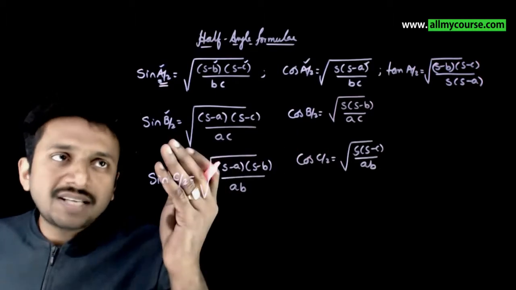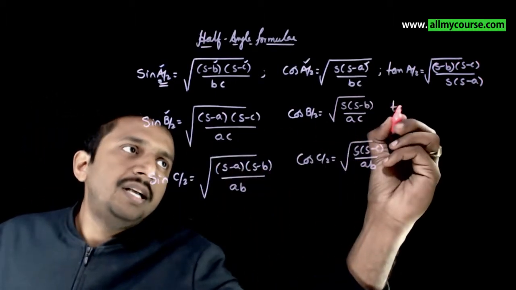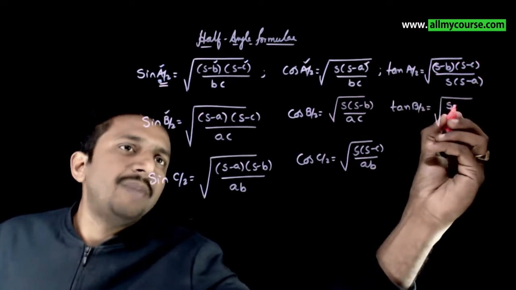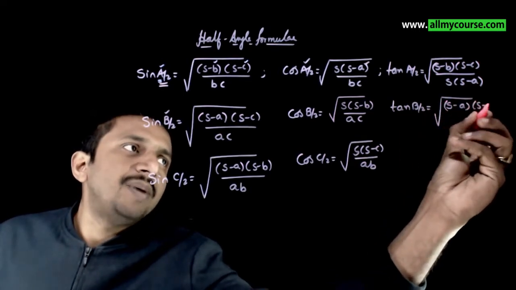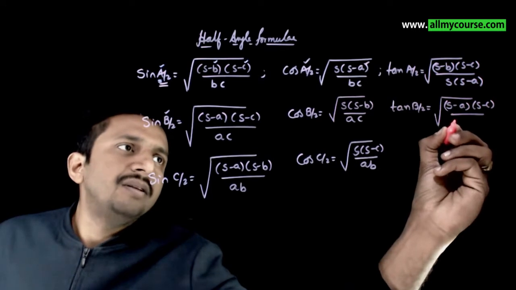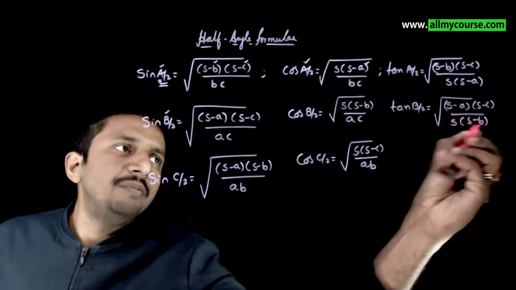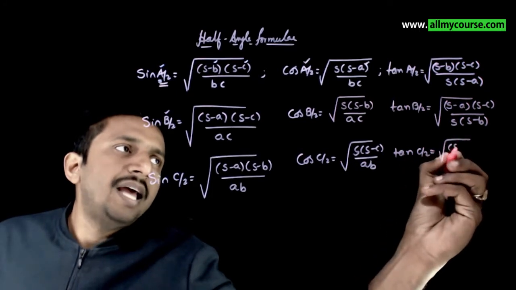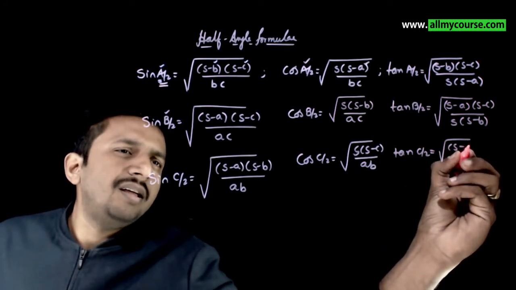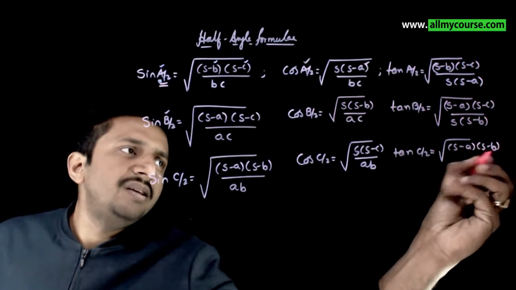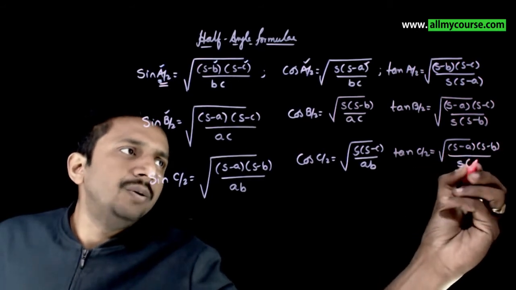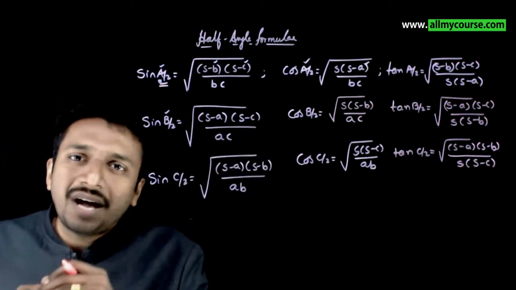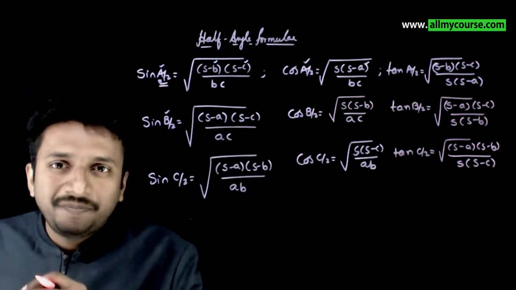And once you have sin B by 2 and cos B by 2, tan B by 2 is nothing but root of (S minus A) times (S minus C) by S into (S minus B), and tan C by 2 is equal to root of (S minus A) into (S minus B) by S into (S minus C). So these are the complete set of half angle formulas which you need to understand.